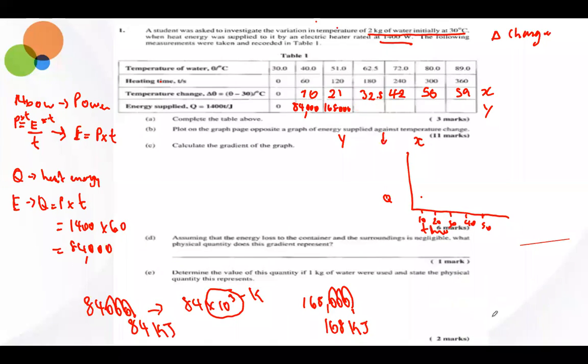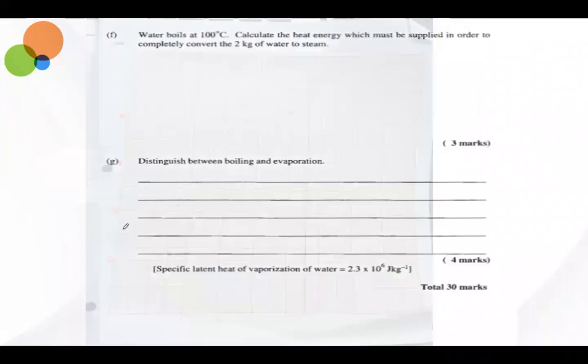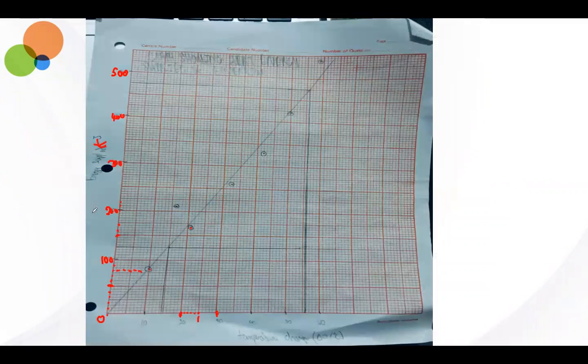So the reason why I did this was because imagine if we had 200,000 here, that would make life very difficult. We're not changing the value, we're just changing the range. Now let's look at this one, 252.